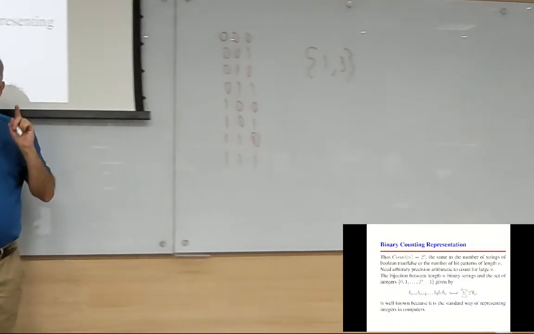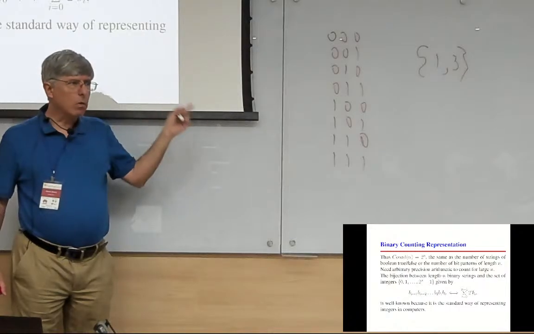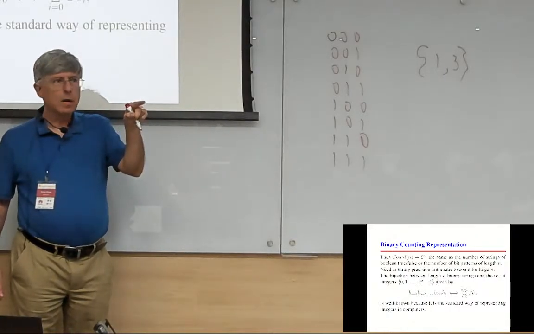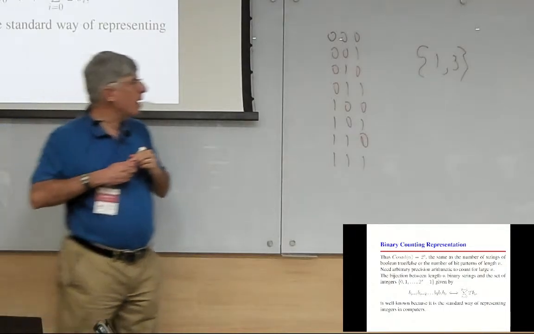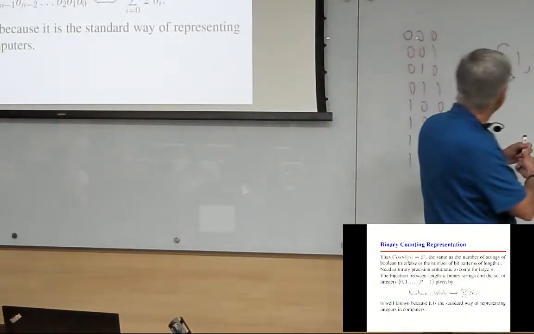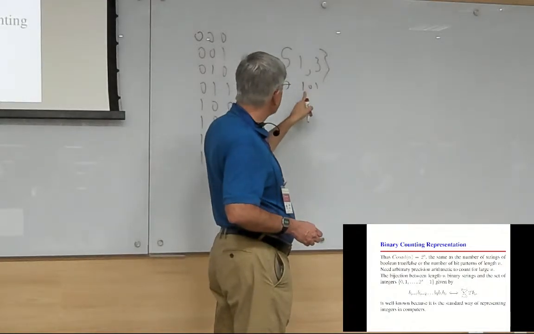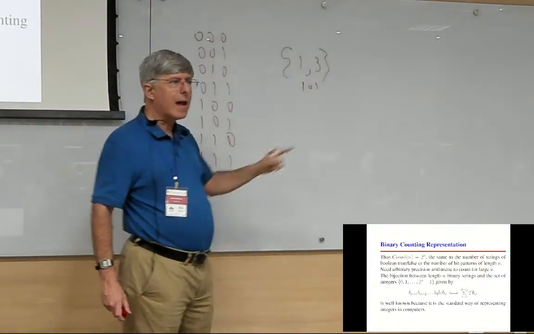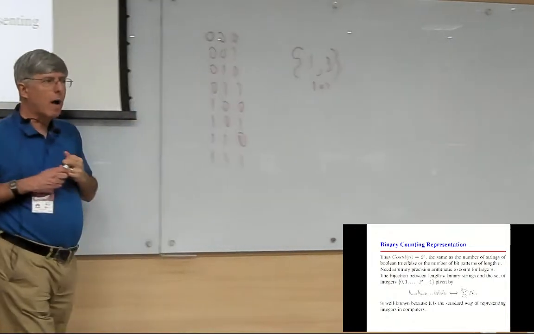What's the number of that subset in this order of all subsets of size 3? Okay, this is obvious. This is going to be the bit pattern 1, 0, 1. That is the binary number for 5, right?